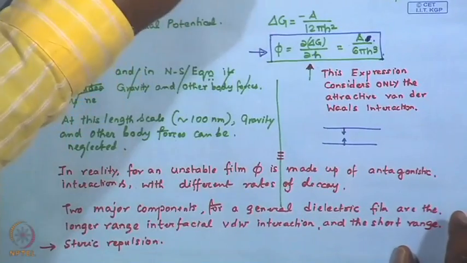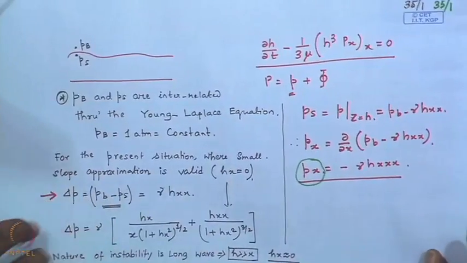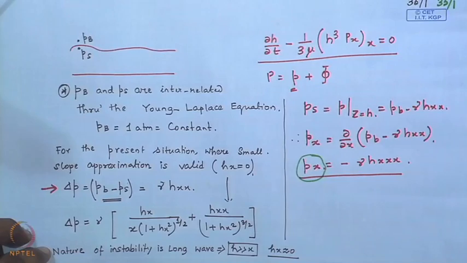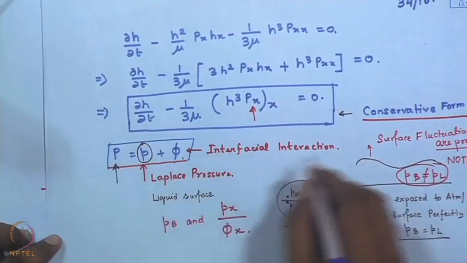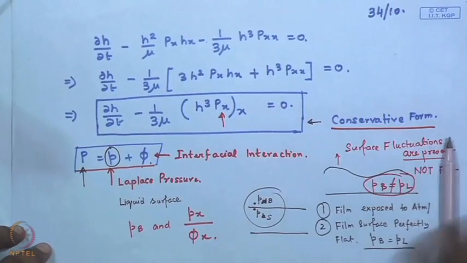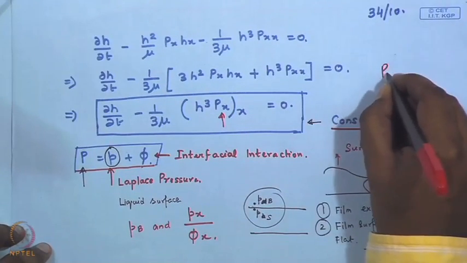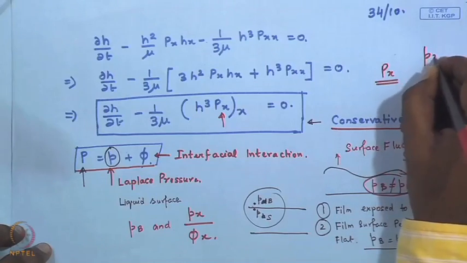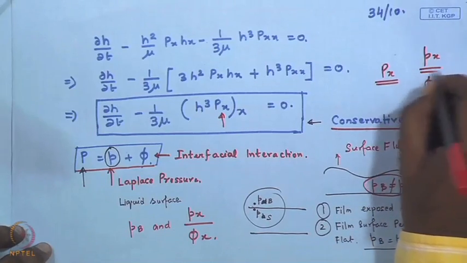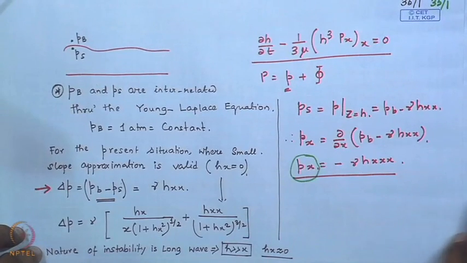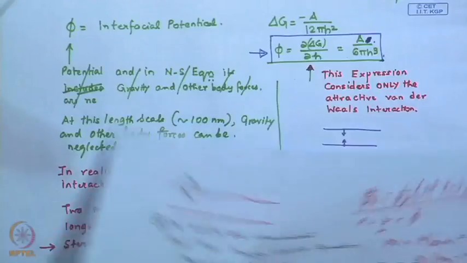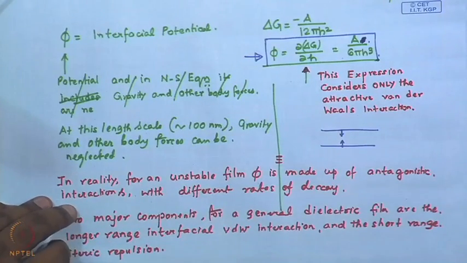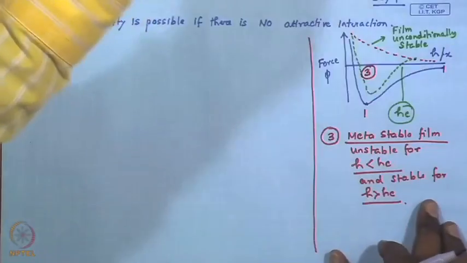So, coming back to why we started to pick it up. We are essentially looking at this particular expression, we are looking at P, and we would like to find out Px, and in order to do that we need Px and phi x. Px we have already done, and we already have an expression for Px which needs to be plugged into our system, and we also now have an expression for phi, which we are going to use for our subsequent analysis.